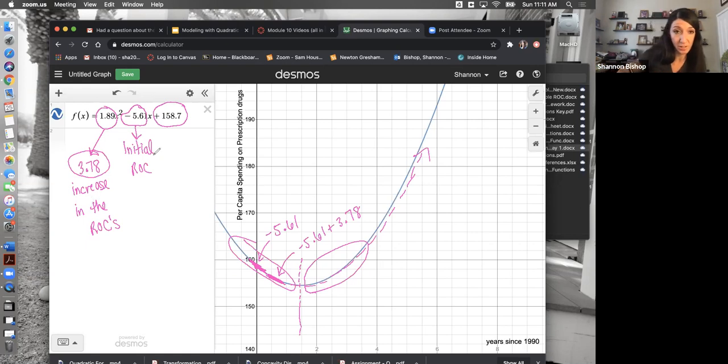That initial change is now changing. And in this case, it's increasing by exactly $3.78 per person per year for every subsequent year. And certainly, since the changes are changing by a positive amount, it eventually takes over the negative and forces your parabola to change directions. So that's the per capita spending one.